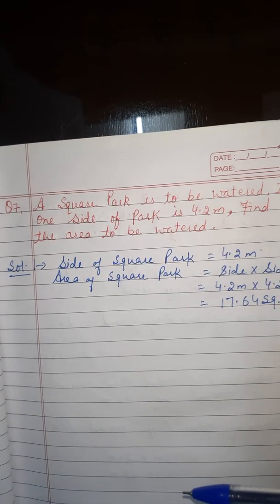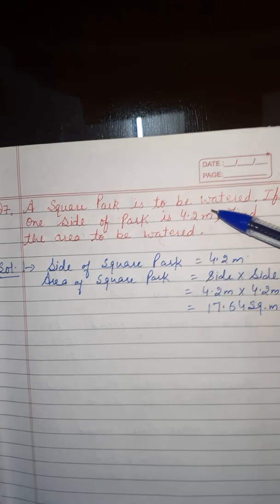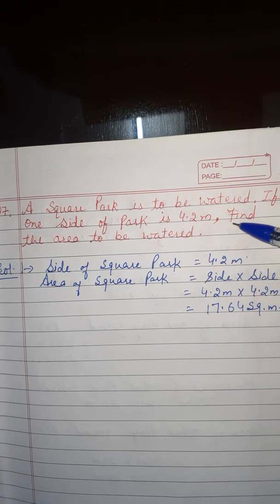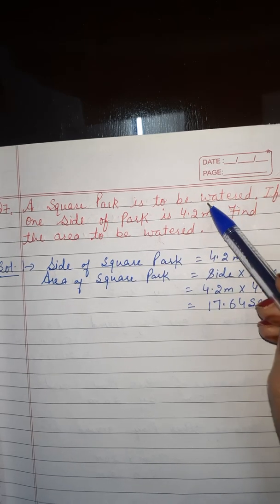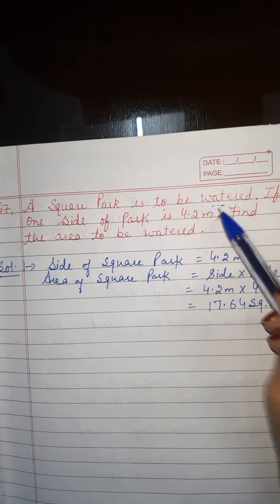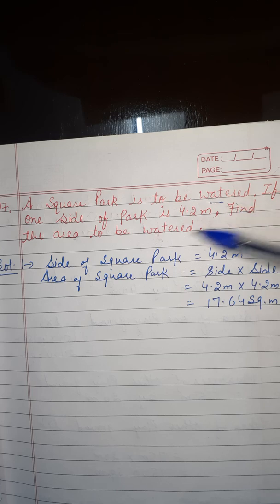Now the next question is: a square park is to be watered. If one side of the park is 4.2 meter, then find the area to be watered. Here the working is watering and you have to find the area to be watered. So again we will find the area of the park.